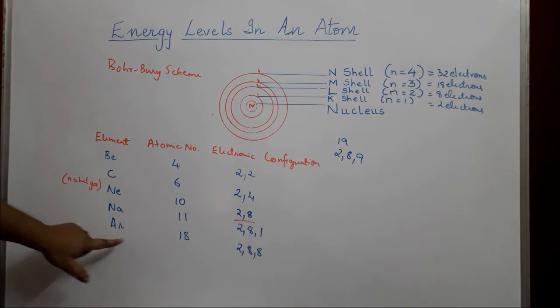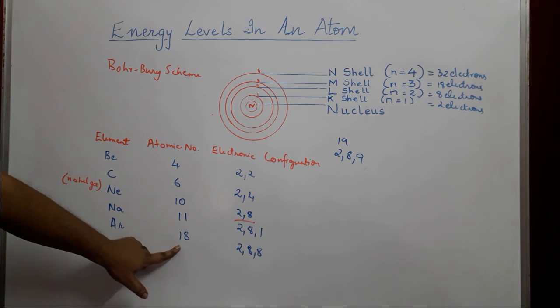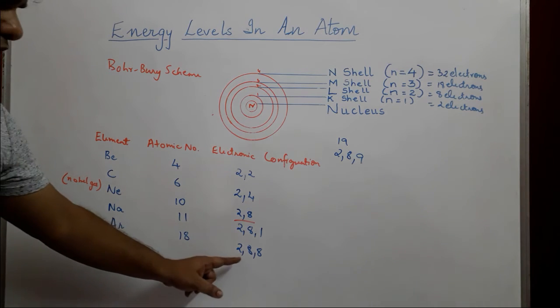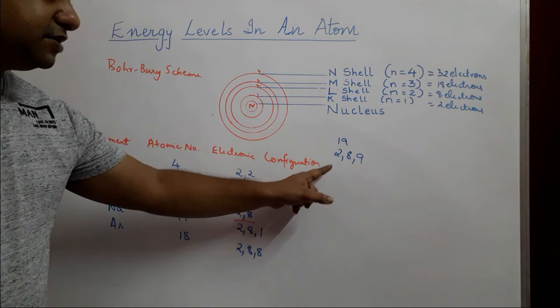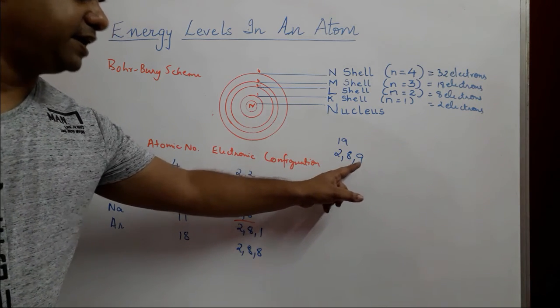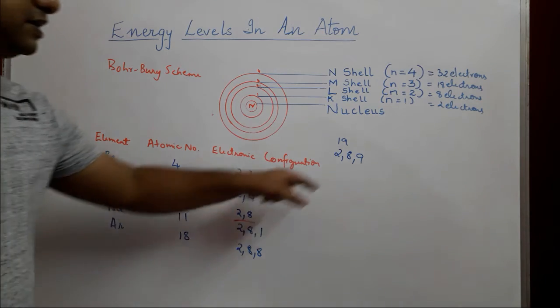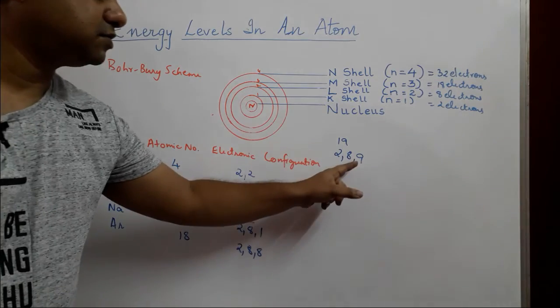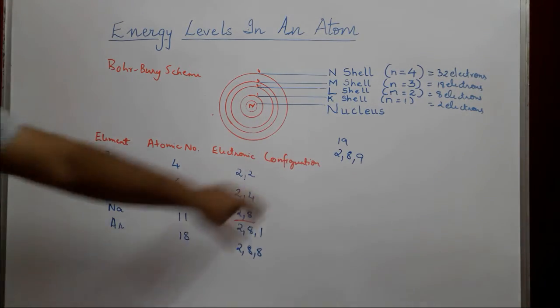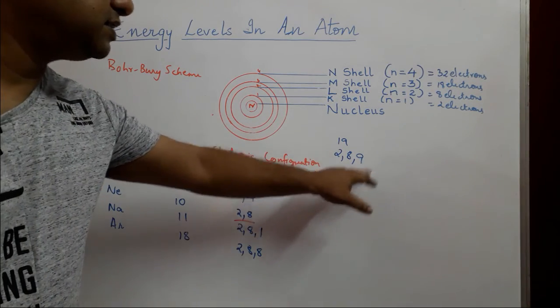Because if argon having atomic number 18 has a configuration of 2, 8, 8, then the atomic number 19 should have 2, 8, 9, right? Especially since the third shell has a capacity of 18 electrons. So it shouldn't harm, right? Having an additional electron over here.